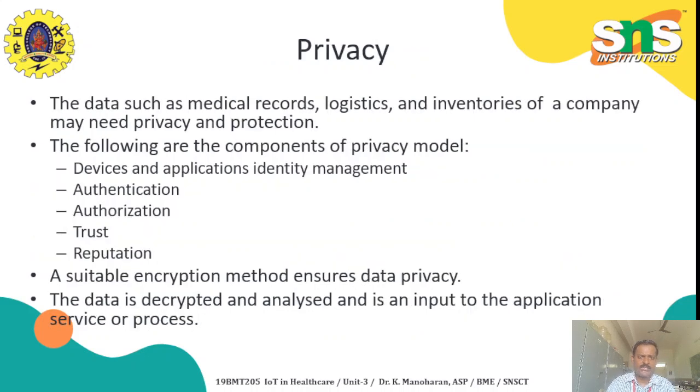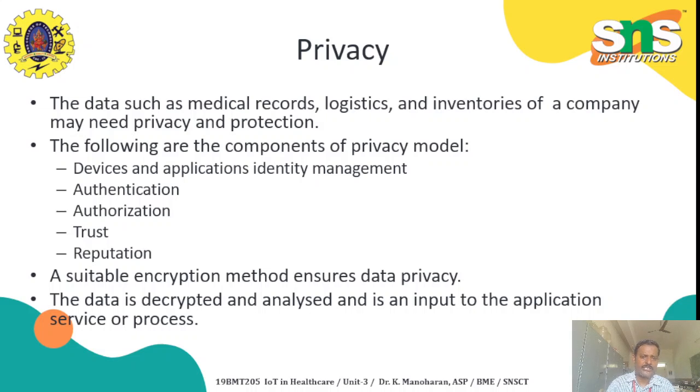Privacy is the most important one. Data such as medical records, logistics or inventories of the company may need more privacy and protection because they have sensitive information. So privacy is the most important concern. The following are the components of a privacy model.